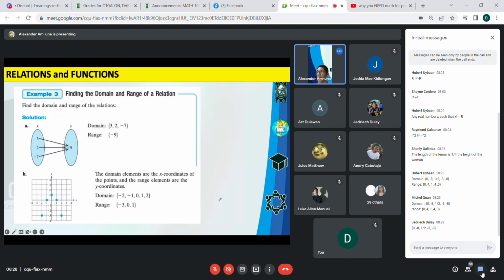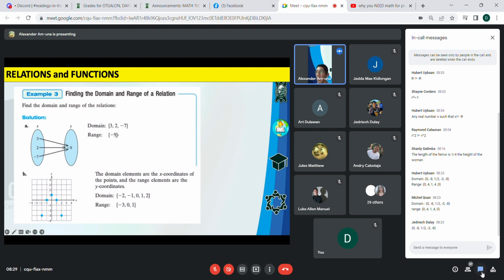Okay, so find the domain and range of the relations. Okay, so for letter A, you can see here, the first column, so just simply write the domain, 3 to -7, right? And then the range, there's only one range. In that case, it's -9.